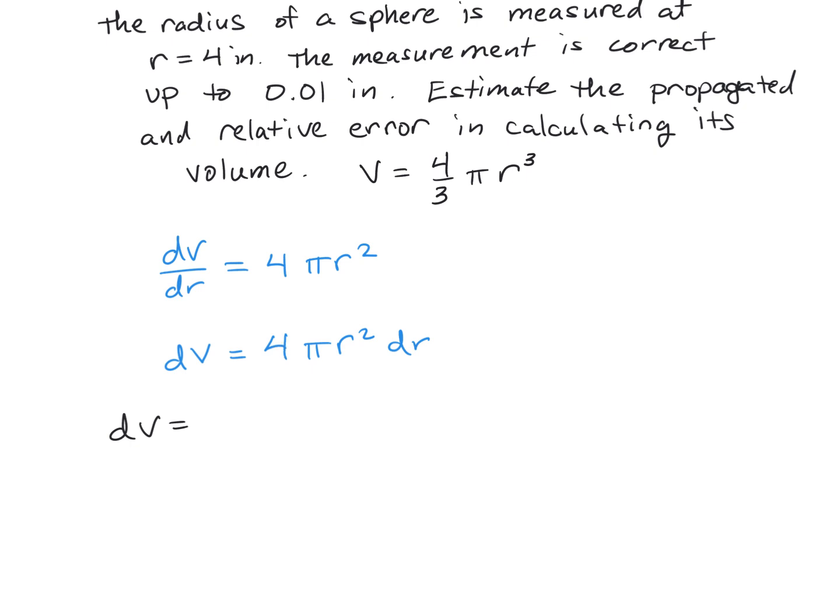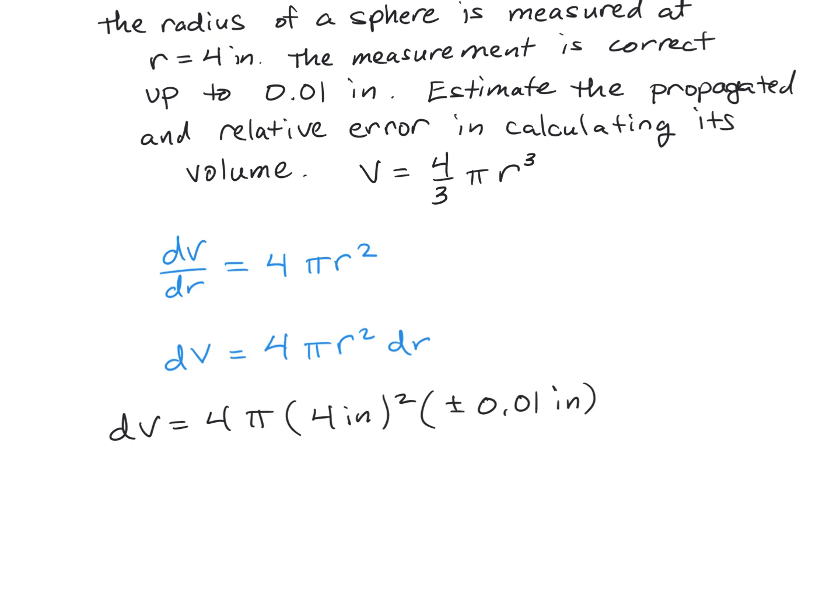All right, so back to dv, that is a 4 times a pi, and my radius we know is 4 inches, and that's being squared. And our differential for our measurement, or our error in our measurement, is going to be plus or minus 0.01 inches.